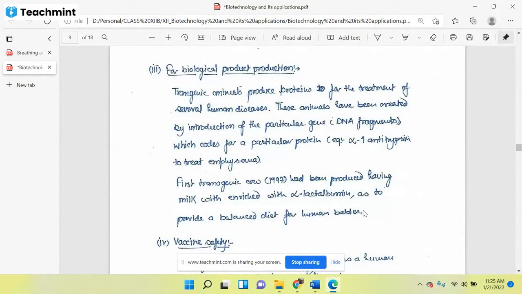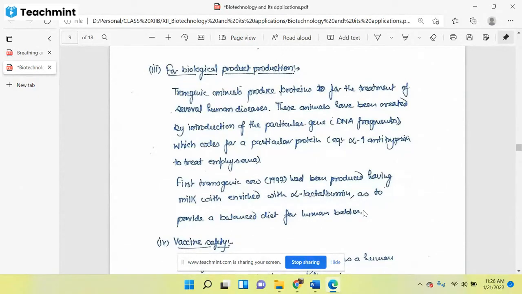I told you before, in class, that we have successfully produced golden rice. In rice, no vitamin A is produced naturally. So what we have done is use a gene that functions as a precursor of vitamin A. We put the gene in the rice, and the rice started producing the precursor of vitamin A, which is not naturally present in rice.